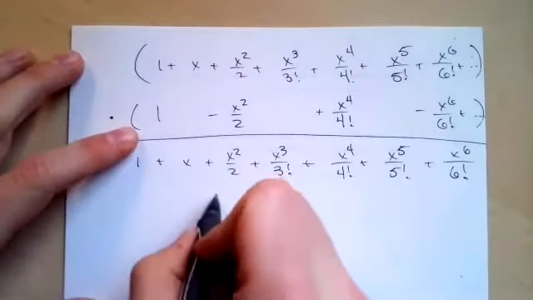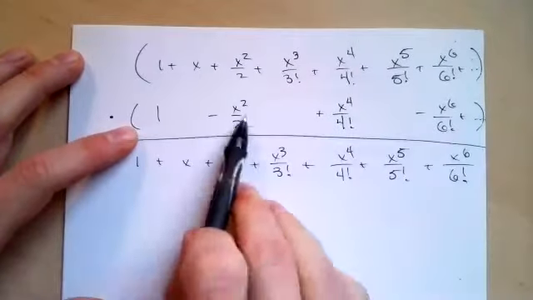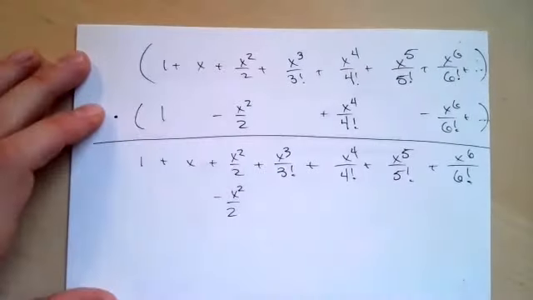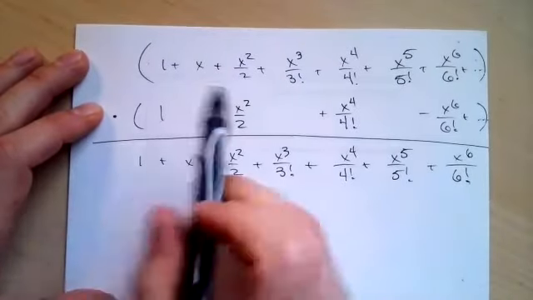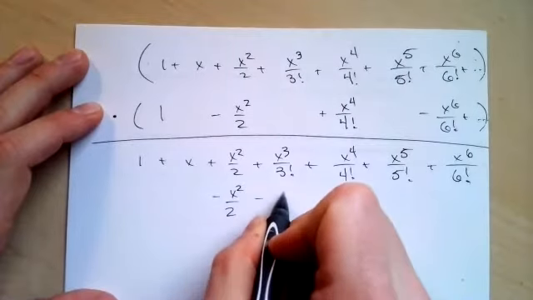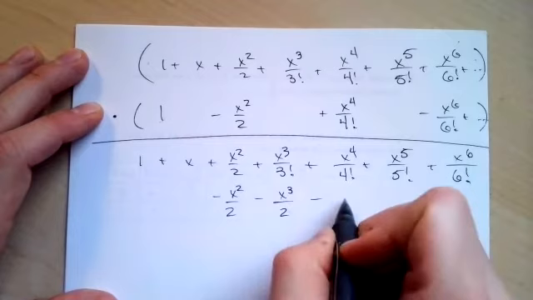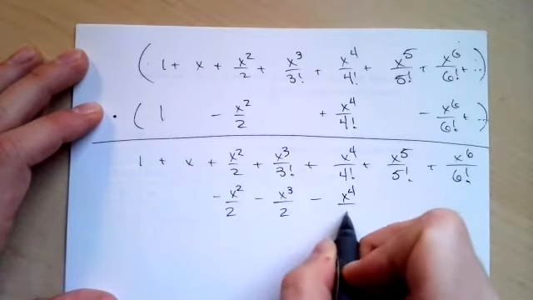First term, we'll have a minus x squared over 2. And so I'm lining up the corresponding powers of x. The next term will be a minus x cubed over 2. Minus x to the 4th over 2.